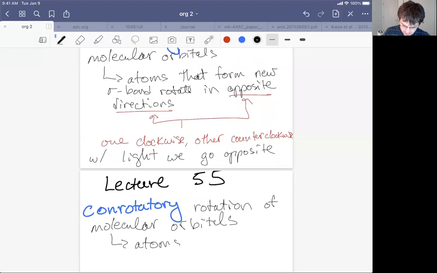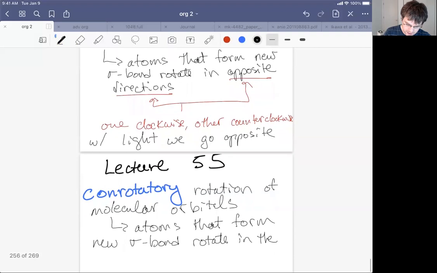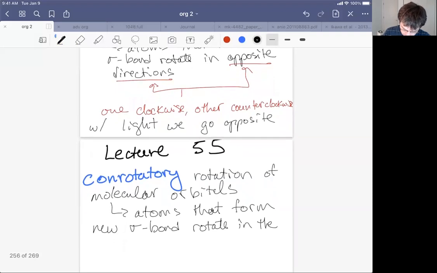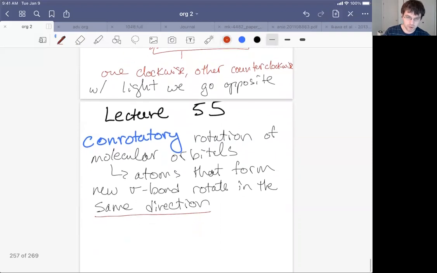So atoms that form the new sigma bond rotate in the same direction. That is to say, if it's the same direction, they both go clockwise or they both go counterclockwise.